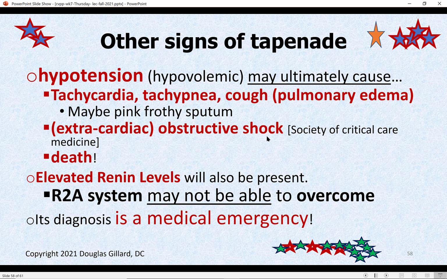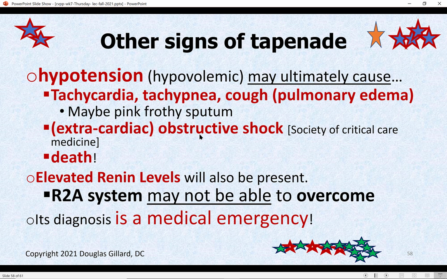And what kind of shock would you go into? I mean, you go into hypovolemic shock because you don't have enough blood flowing out of your heart. But there's a subcategory, a more accurate way to describe the shock, and it's called obstructive shock, or extracardiac obstructive shock is an AKA. That means that something is blocking the flow of blood through the heart.